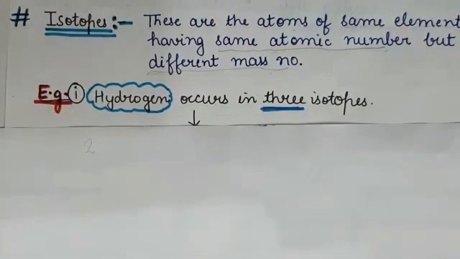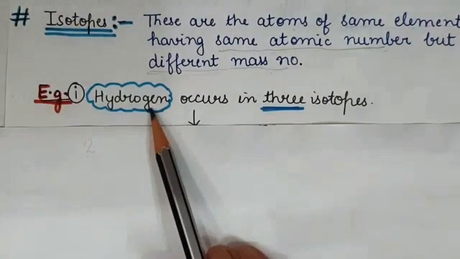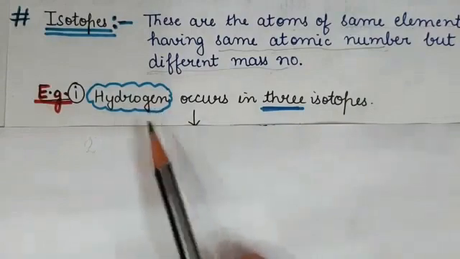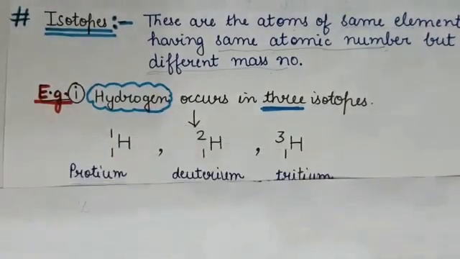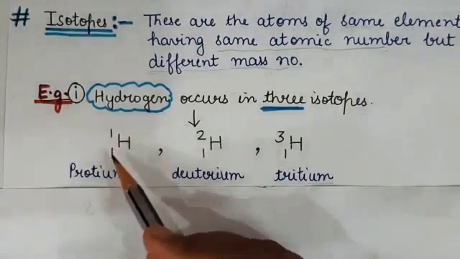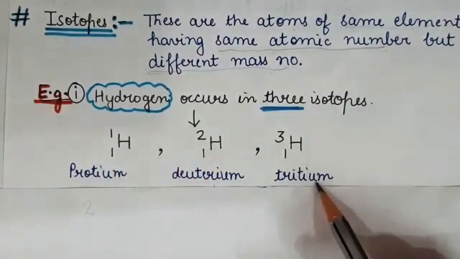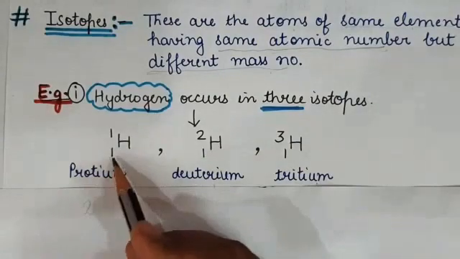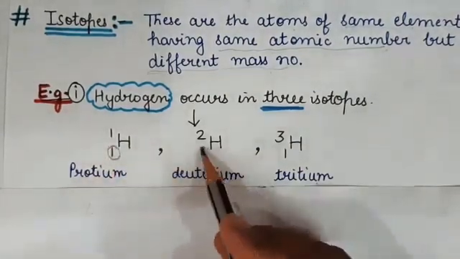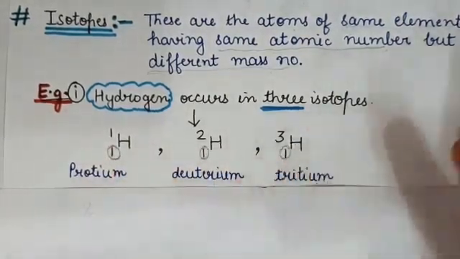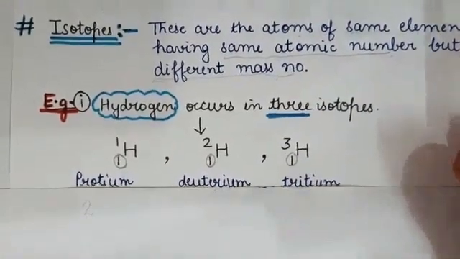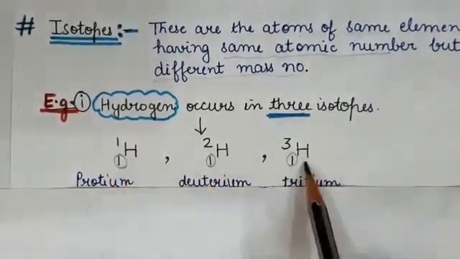Example, hydrogen. Hydrogen occurs in 3 isotopes: protium, deuterium, tritium. See here, what is written below? 1, 1, 1. They all are atomic number. Atomic number is same. Why?